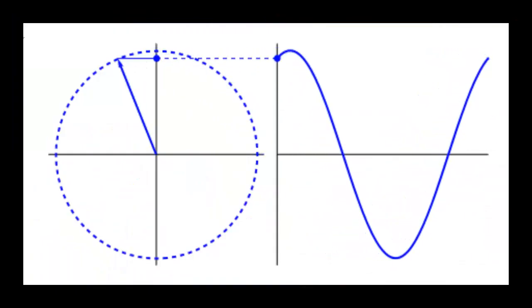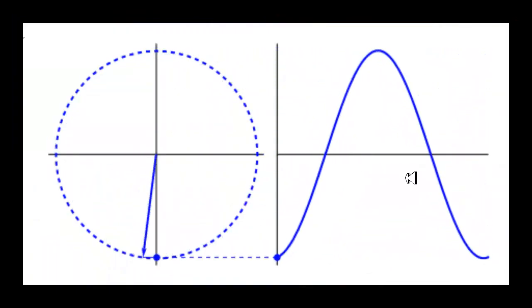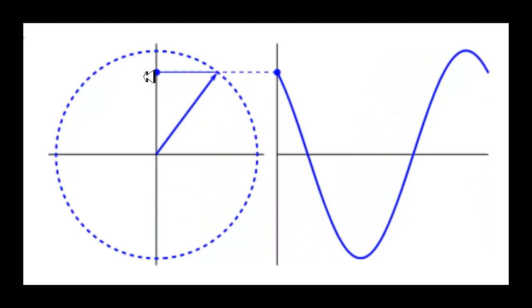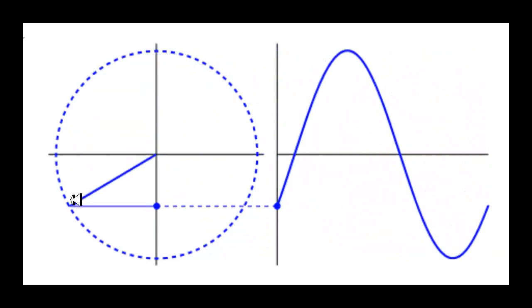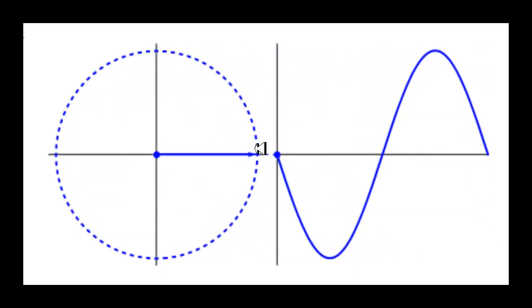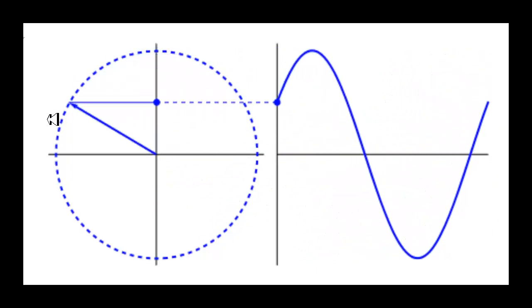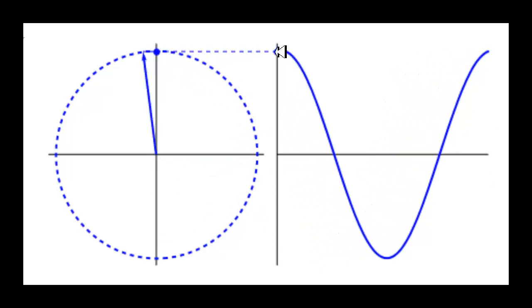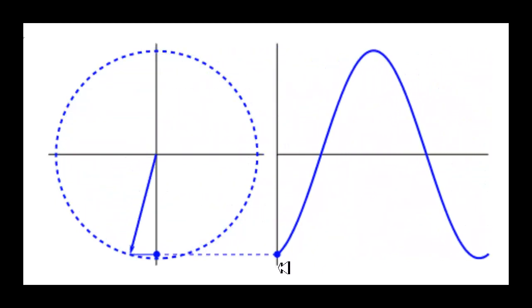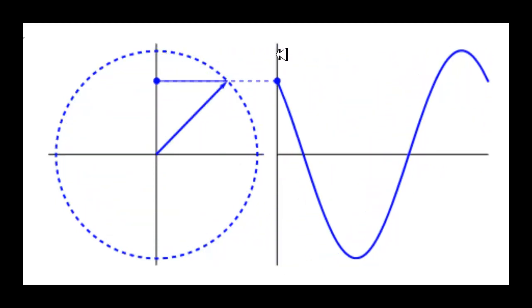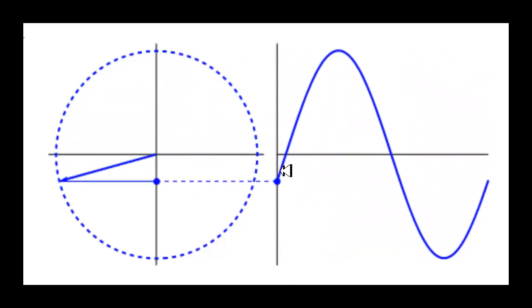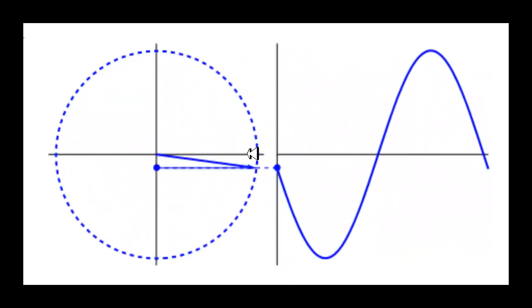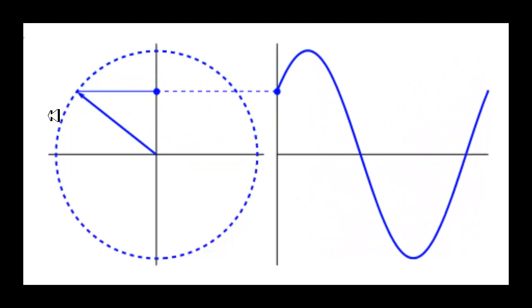So here you can see the relationship between the circle and the wave. Okay, as the line goes around, as the dot goes around, the degrees or the radians of the circle, we are in fact going through the phases of the wave. So the phases of the wave correspond to the angle of the circle.